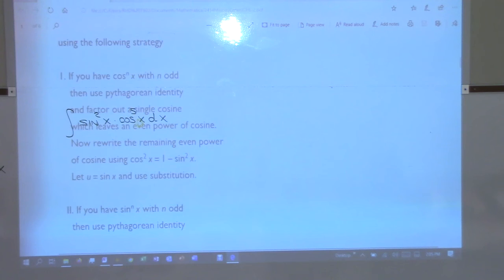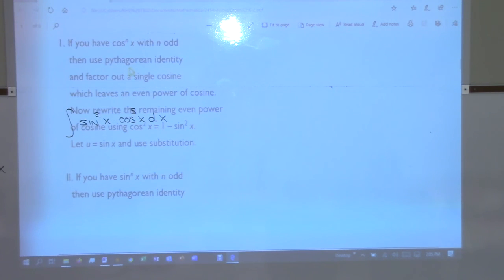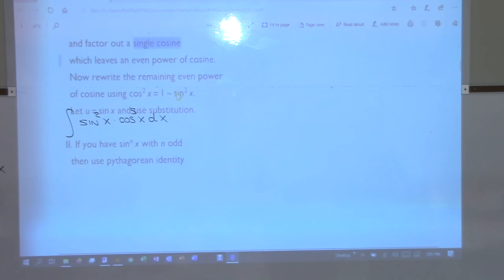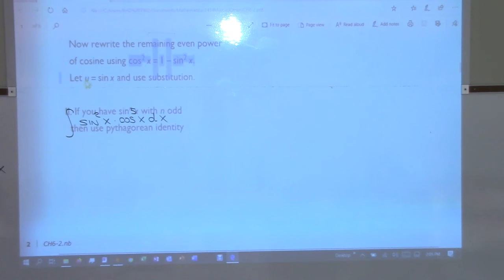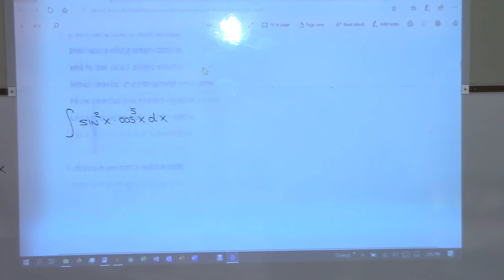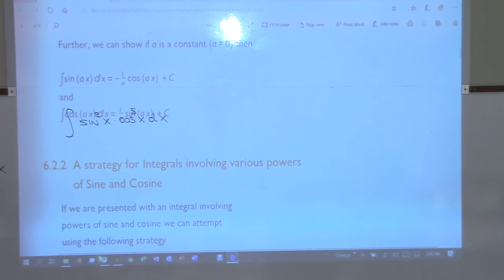If we have cosine to the odd power, what you can try is factoring out a single factor of cosine this time instead, rewriting that even power of cosine with the Pythagorean identity cosine squared x equals 1 minus sine squared x, and then making the substitution u is sine x. So it's kind of like the direct opposite of what we just did, isn't it? And then you just kind of hope for the best.